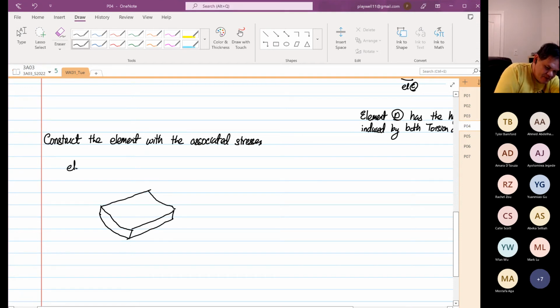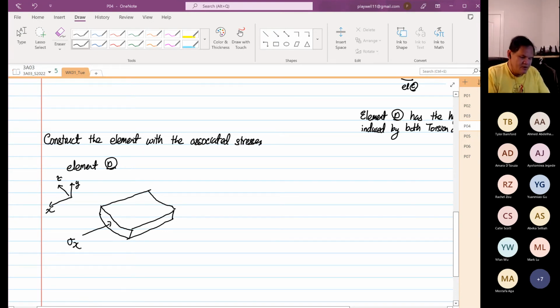So this is our element D. If I were to draw our transformation, this is X, this is Y, and this is Z. So we know that we will have normal stress in X, compression, and then we have shearing stress going this direction. So this is a 3D element.